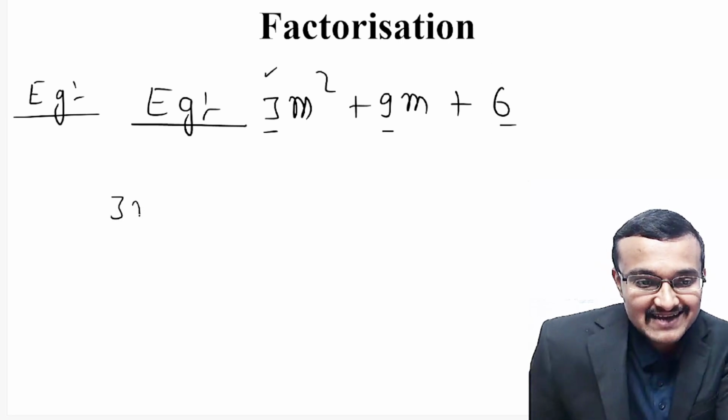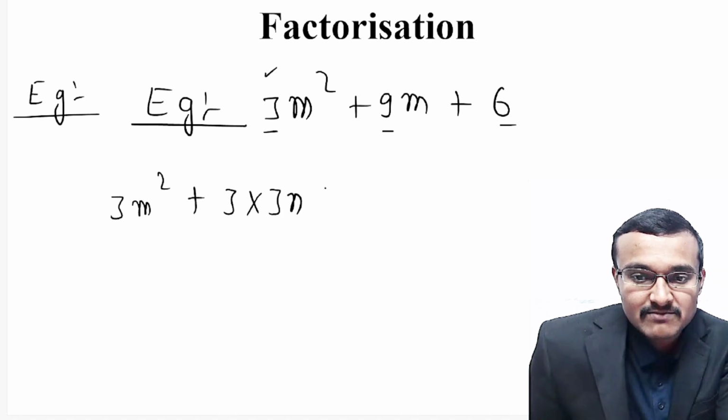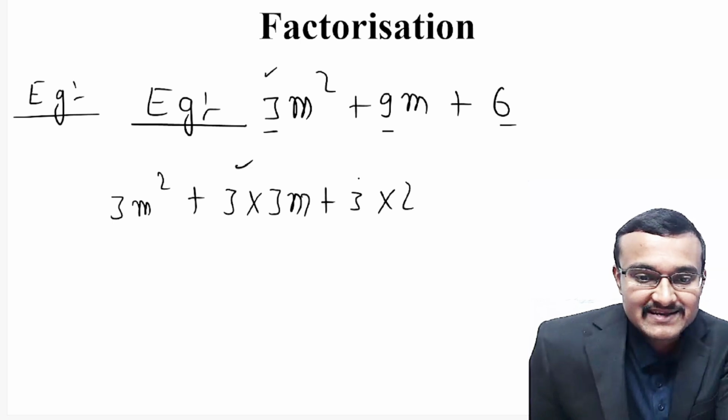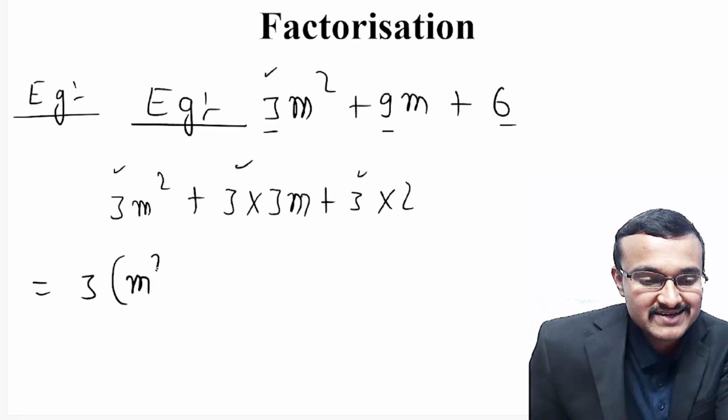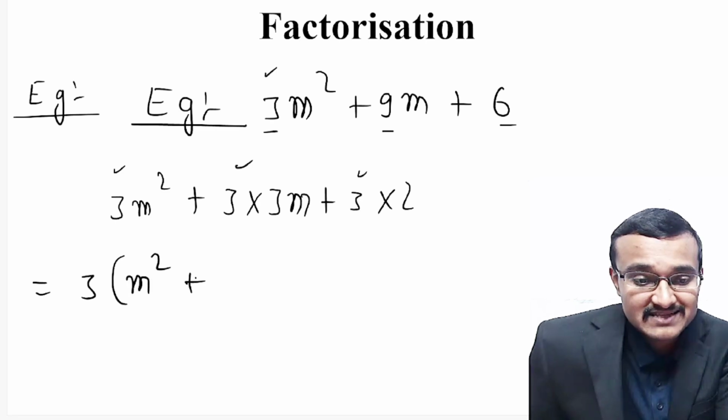So I can write this as 3m square + 3 into 3m + 3 into 2. Here you can take 3 common in all these 3 terms. So it will be equal to 3 into (m square + 3m + 2), where m square is there, 3m is there, and 2 is remaining.